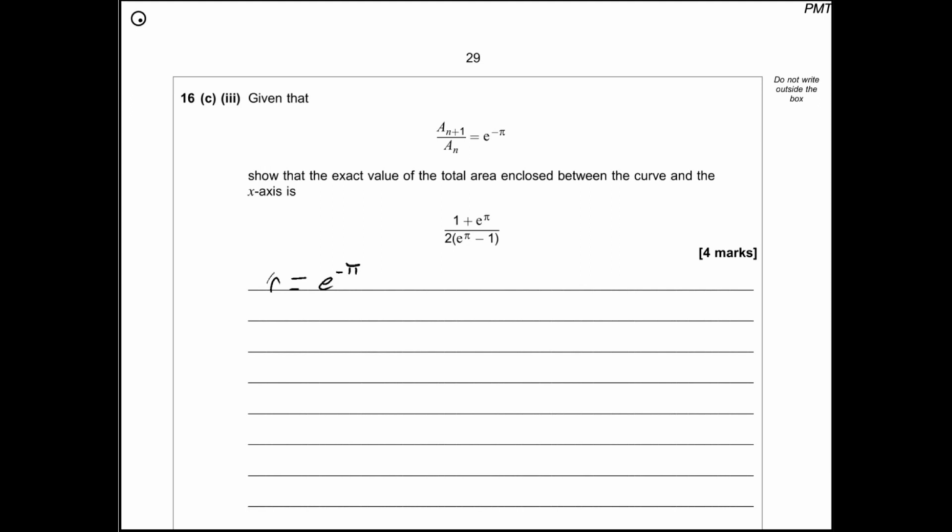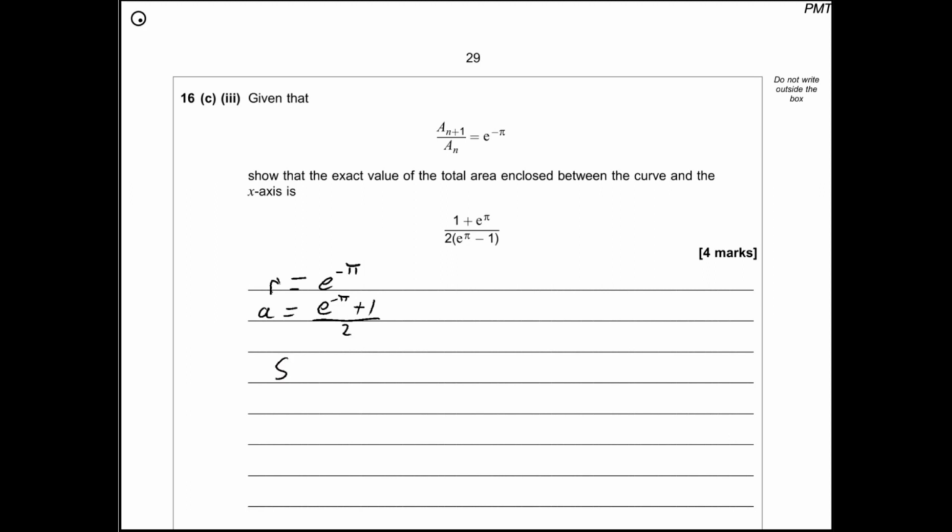So for us it was A1 and then A1 plus 1, which is A2, but it's saying that given any consecutive areas, their common difference will always be this. So we've got R equals e to the minus pi. We've got A equals our first term, which was e to the minus pi plus 1 over 2.